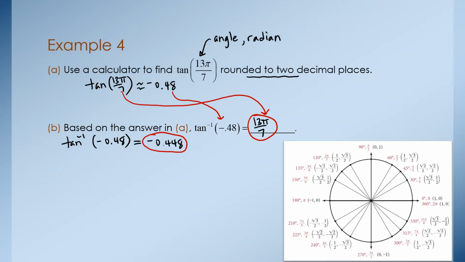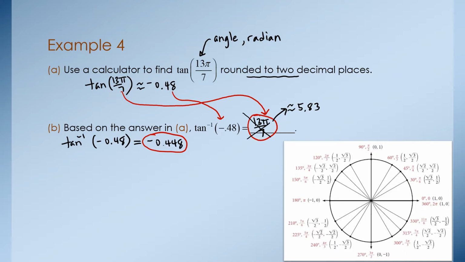In fact, if I put 13 pi over 7 into my calculator, it gives me approximately 5.83. So there is something wrong. What I know is that 13 pi over 7 is not the correct answer. So why not?